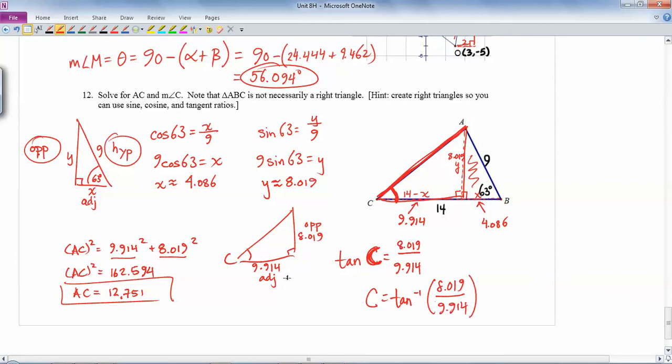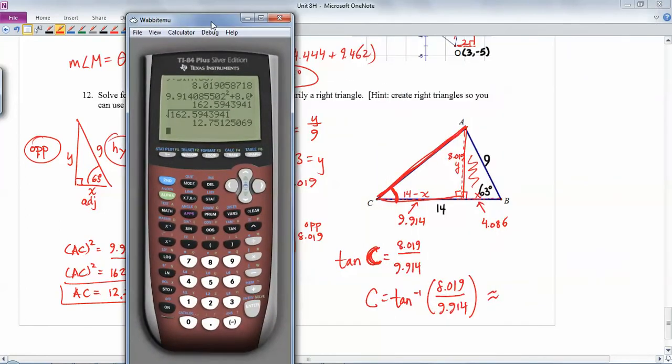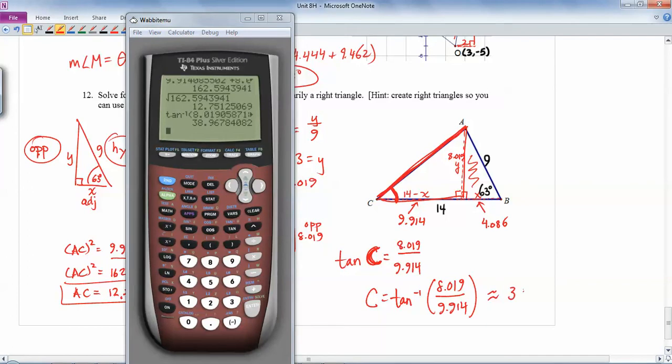And then these are still stored in the calculator, so I can cut and paste to save myself from a little bit of rounding issues. And we get 38.968 degrees. Okay, I hope that helps some, and I'll see you guys soon.